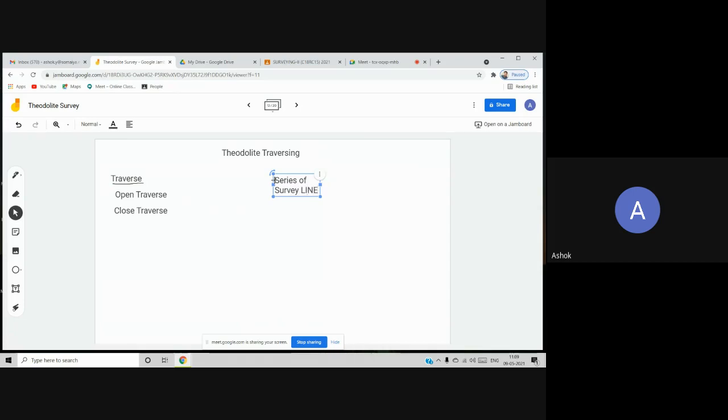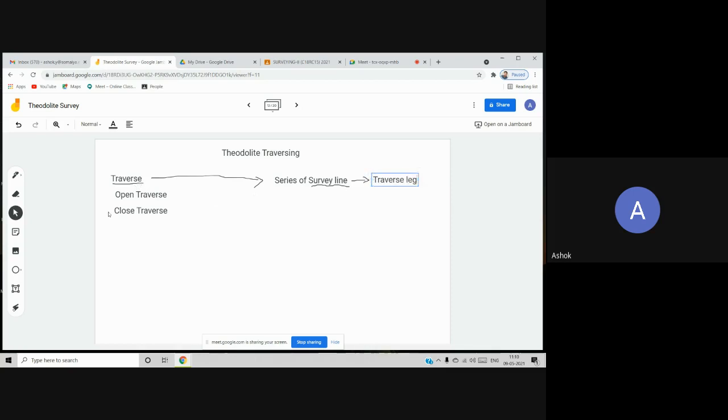Survey lines, right? So traverse is nothing but the series of interconnected survey lines, and in traversing, these survey lines are known as traverse legs.